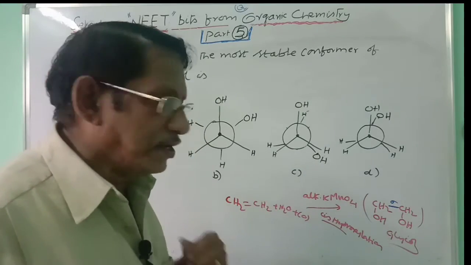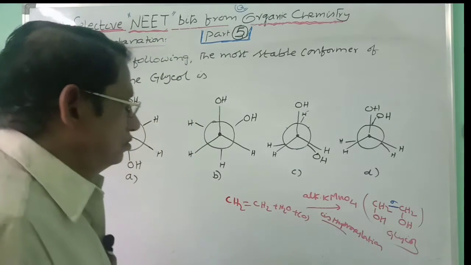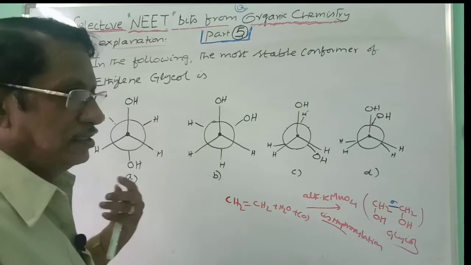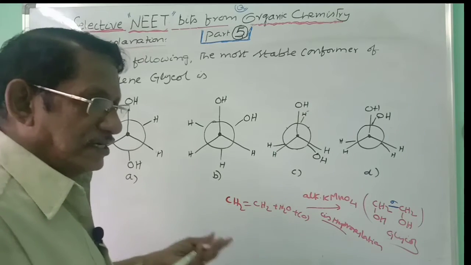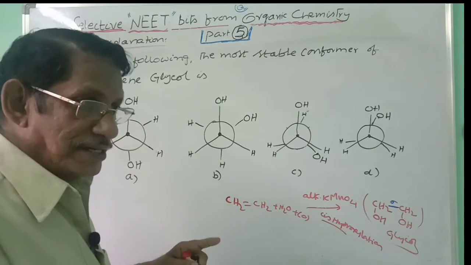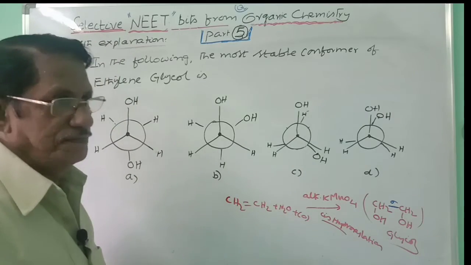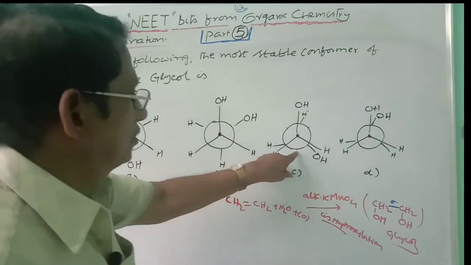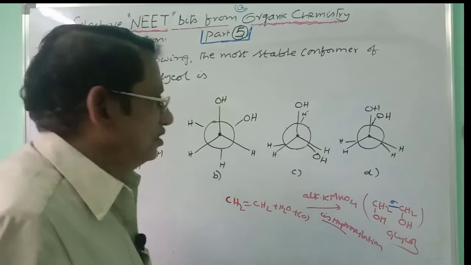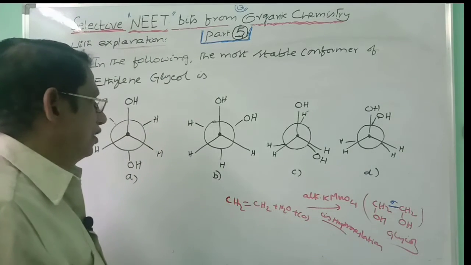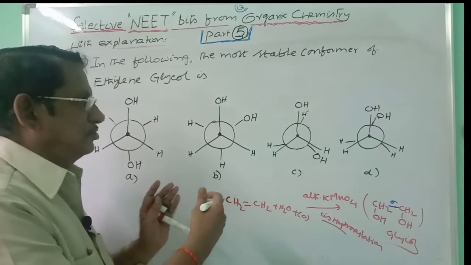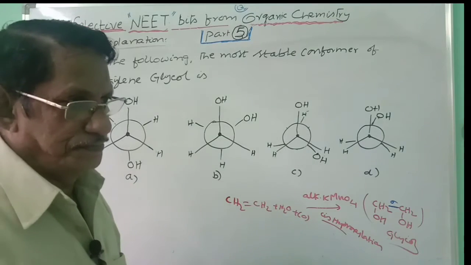Now we have the eclipsed conformer and the staggered conformer. Don't forget, any staggered is more stable than any eclipsed. Here these two are eclipsed, these two are staggered. So staggered conformers are more stable than eclipsed conformers, that is the general rule.